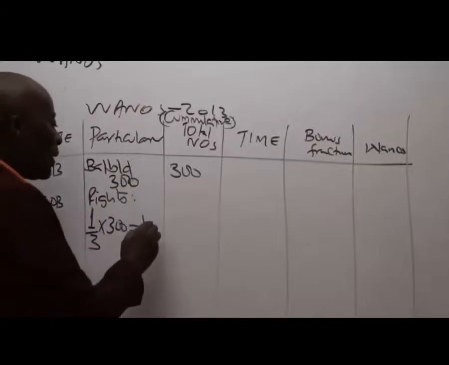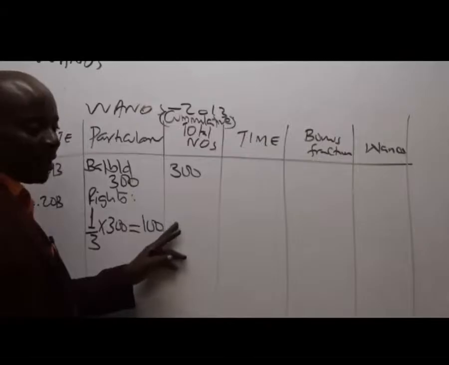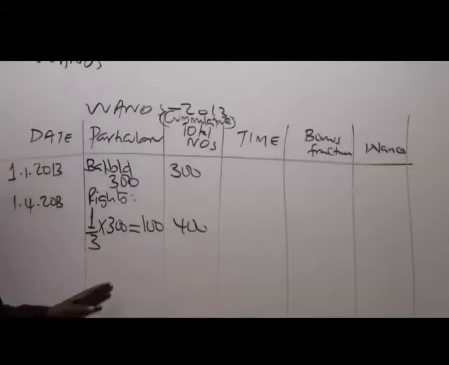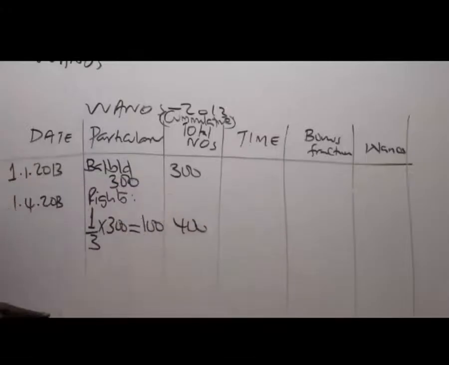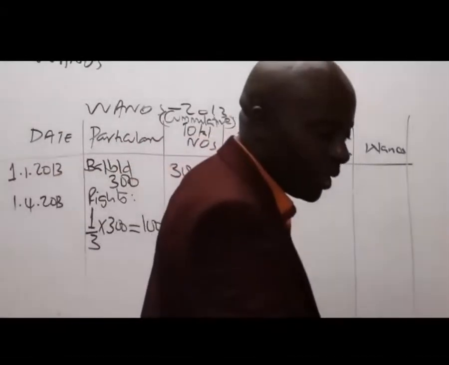So cumulatively up to date tuko na shares ngapi? 400. Because we are accumulating, it's cumulative like that. Endelea kushika shares zote mpaka mwisho wa mwaka.